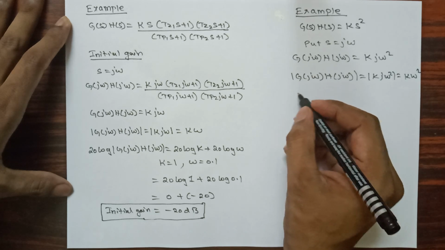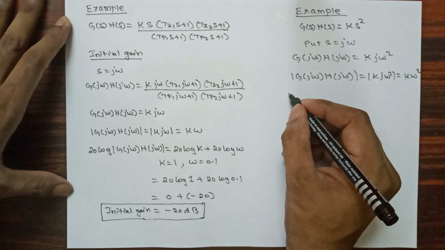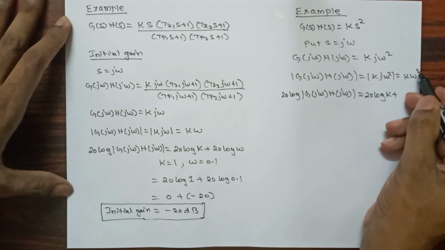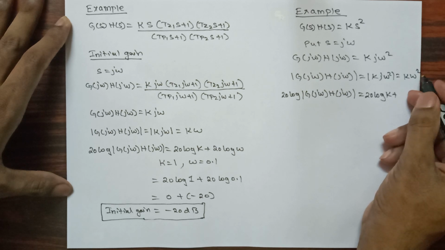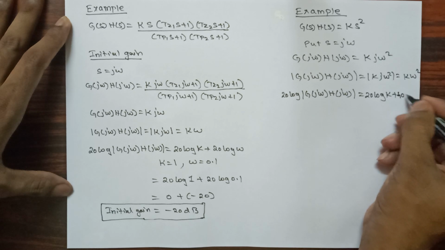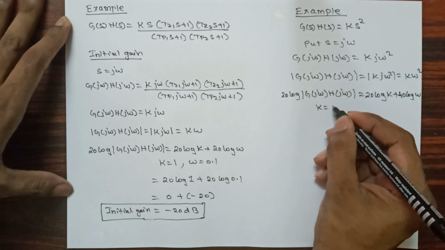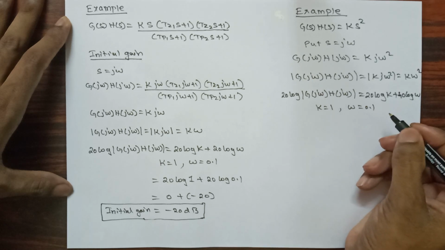So now by taking a log on both the sides to get the value in decibels, 20 log k plus, as I said, whatever the power we are having, that power is going to be multiplied with 20. Here in this case omega square, therefore I will be multiplying the 2 with the 20, I will be getting 40 log omega. I will be taking k is equivalent to 1, and omega value we know that 0.1 we are going to consider.